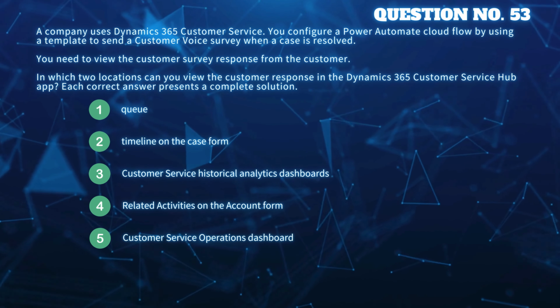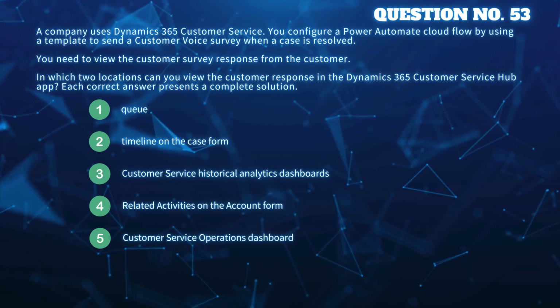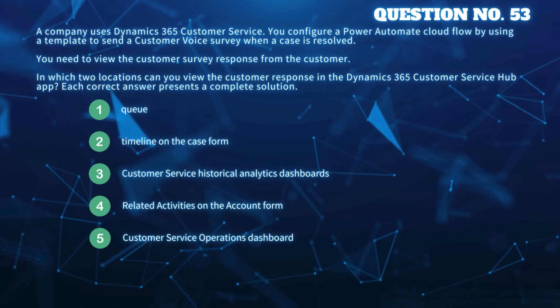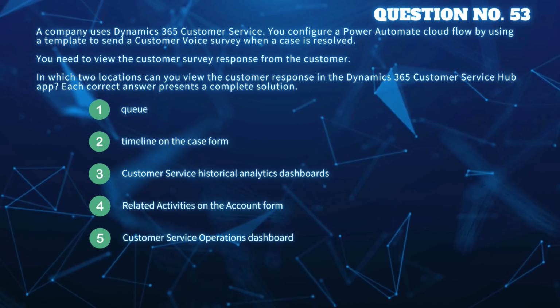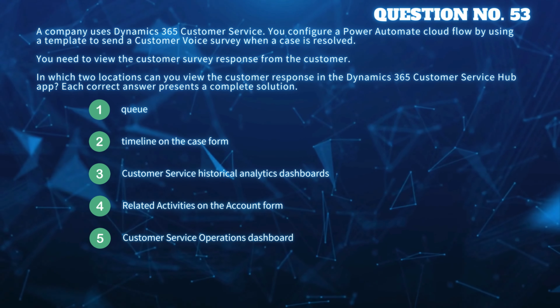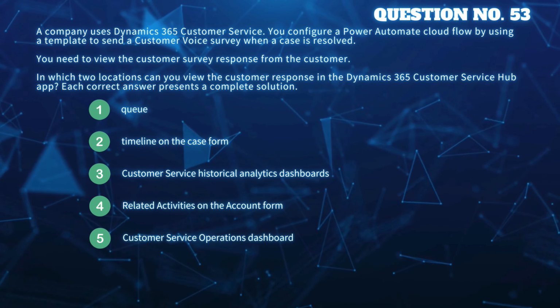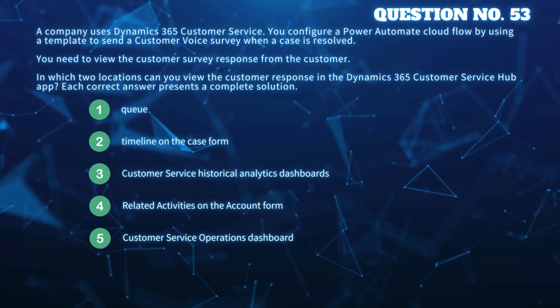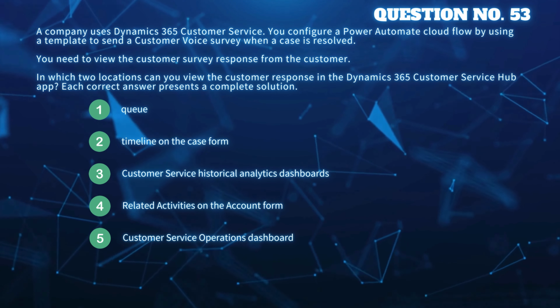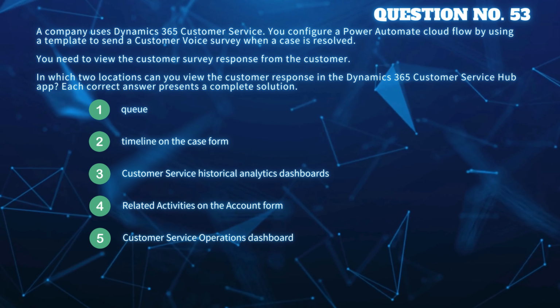A company uses Dynamics 365 Customer Service. You configure a Power Automate cloud flow by using a template to send a customer voice survey when a case is resolved. You need to view the customer survey response from the customer. In which two locations can you view the customer response in the Dynamics 365 Customer Service Hub app? Each correct answer presents a complete solution.